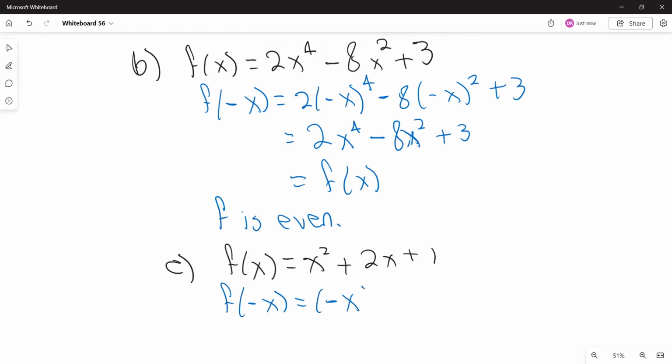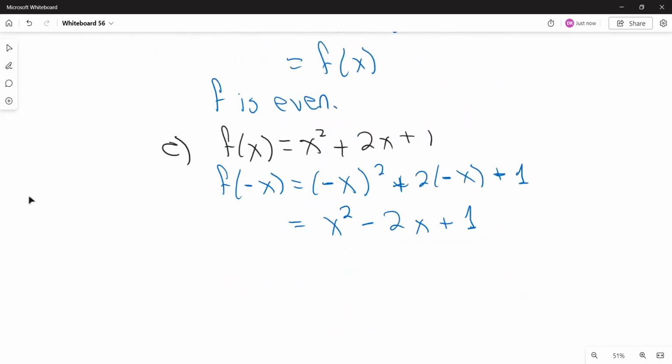So this is the opposite of x squared plus 2 times the opposite of x plus 1. Okay, the opposite of x raised to the 2nd power is x squared, but 2 times the opposite of x is minus 2x. Okay, so here, the first and the last terms have the same sign, but the second terms have opposite signs. So this is not equal to f of x or the opposite of that. So this is not equivalent.